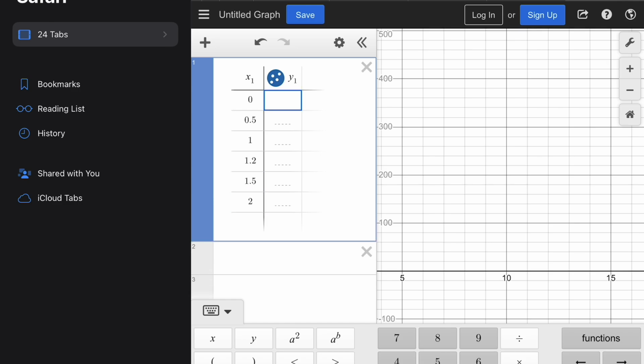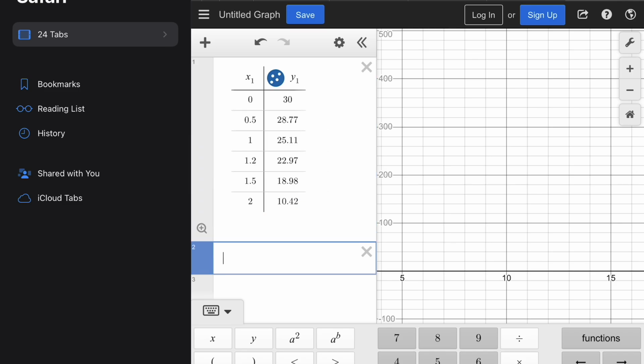And then this is 30, 28.77, oh, sorry, 28.77, 25.11, 22.97, 18.98, and finally 10.42.